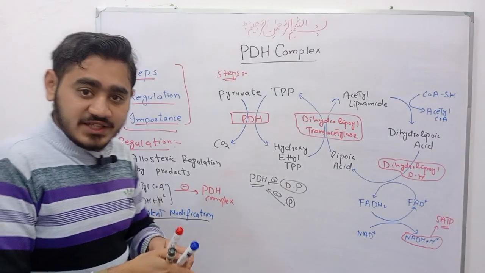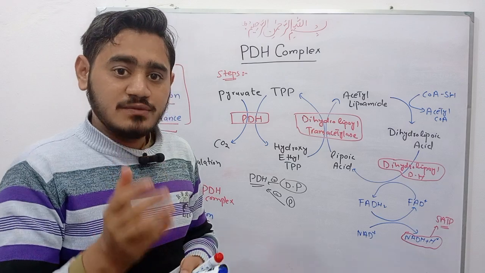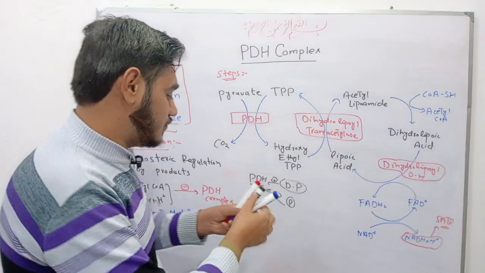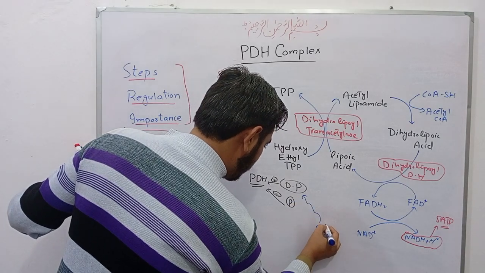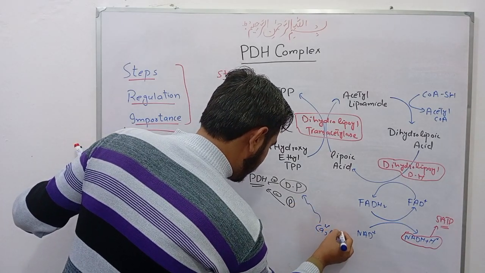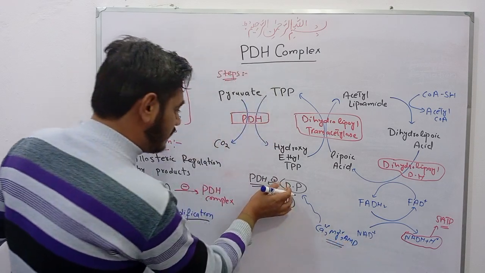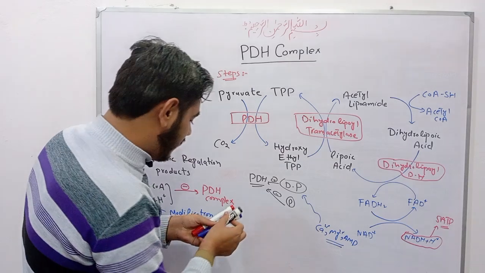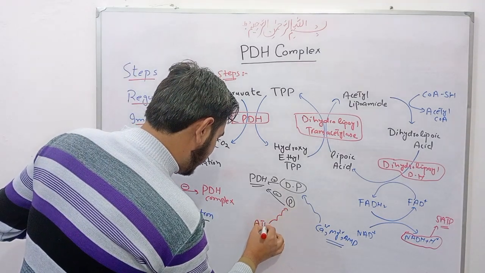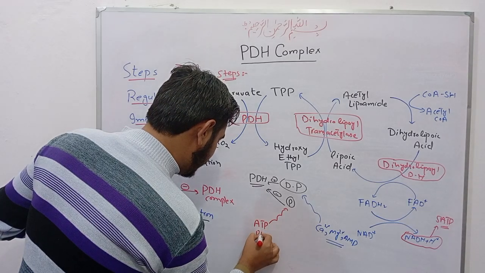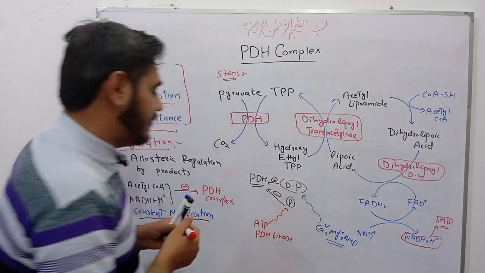And calcium ion, magnesium ion, and adenosine monophosphate favor the dephosphorylated condition, while ATP and pyruvate dehydrogenase kinase enzyme favor the phosphorylated condition.